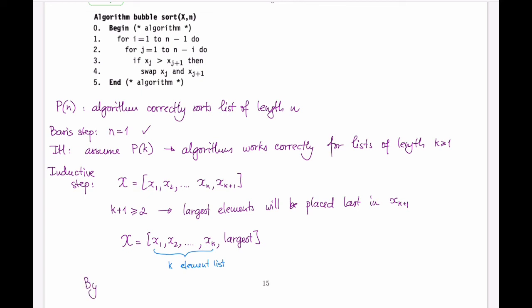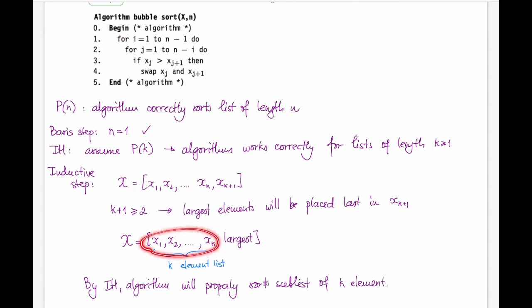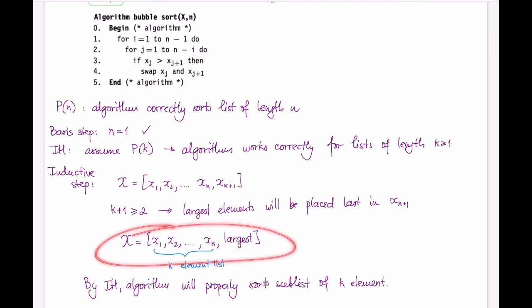So by the induction hypothesis, the bubble sort algorithm will properly sort this sublist of k elements. Now, if the sublist of k elements is properly sorted in increasing order, and this last element is the largest, of course, what I have altogether is that this entire list is properly sorted, and therefore the algorithm works correctly.